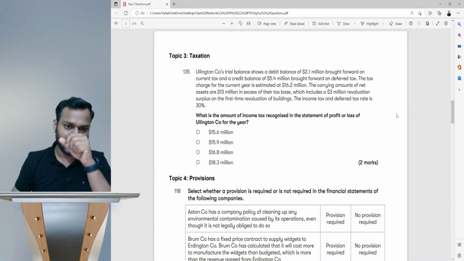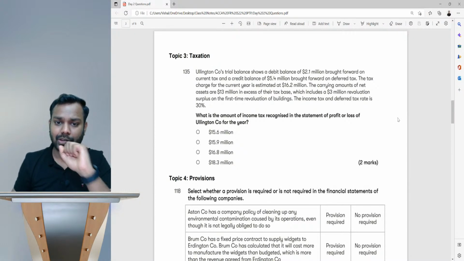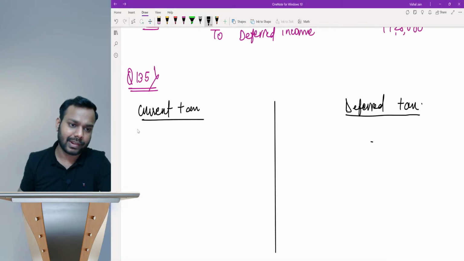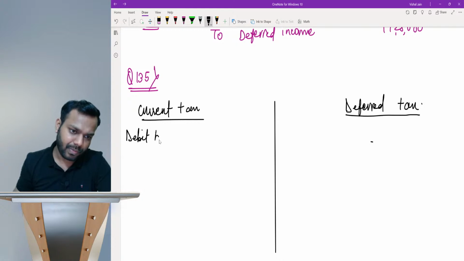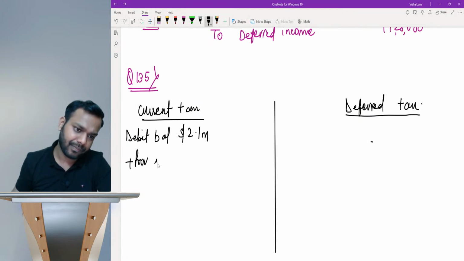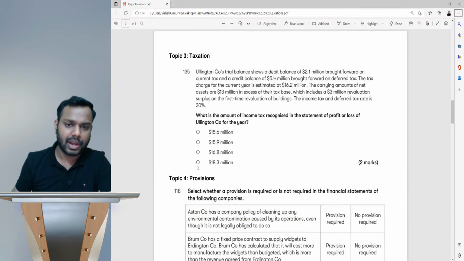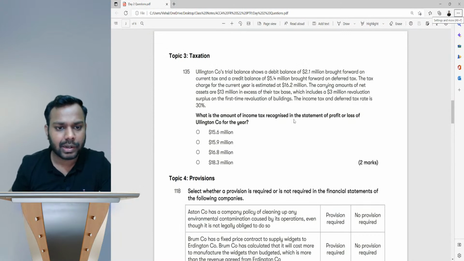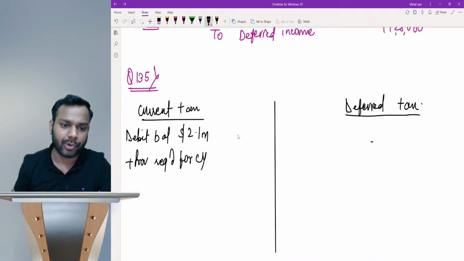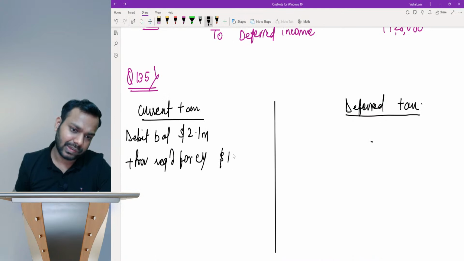Now let's discuss. Ewington's trial balance shows a debit balance. Okay, now let's write here debit balance of $2.1 million, plus provision required for current year, tax charge for the current year is $16.2 million.